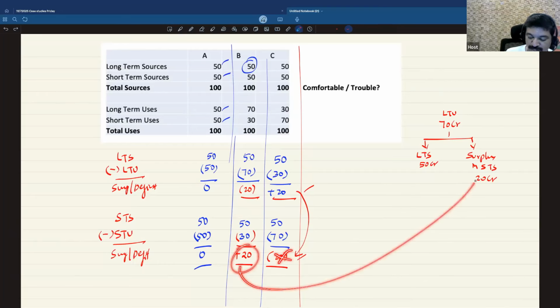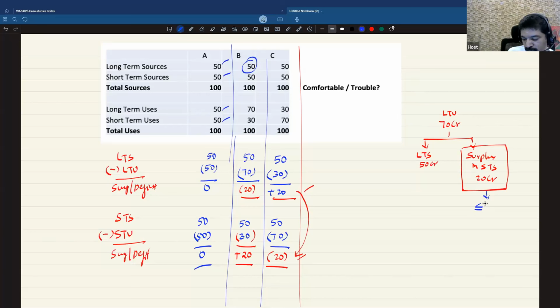Why? Because this surplus in short-term source is short-term money. Short-term money means what? It is repayable within a period of 1 year. So look, 50 crore has come from short-term source. If whoever has given the 50 crore demands the entire repayment, then the money that will come for rescue will be only 30 crore.